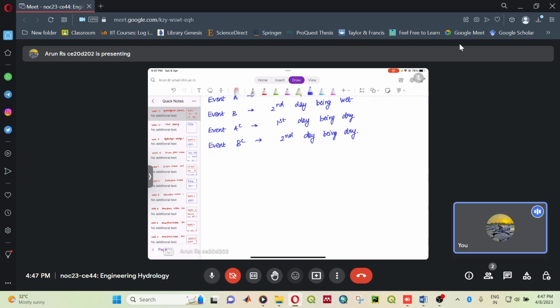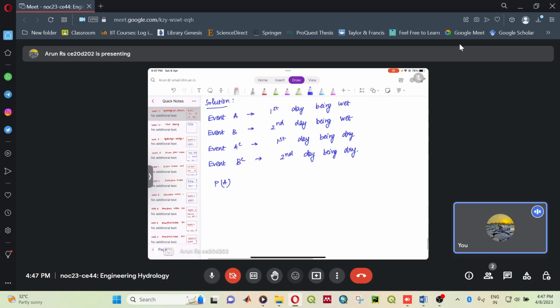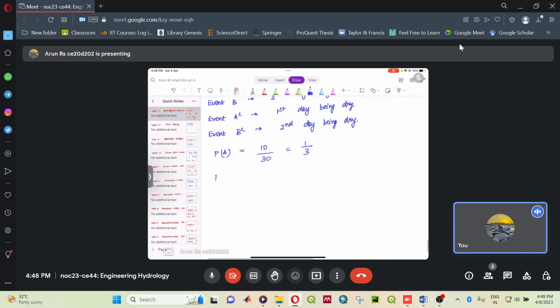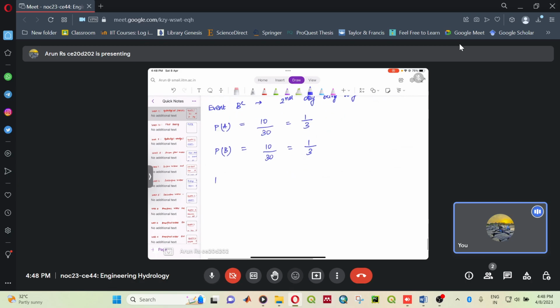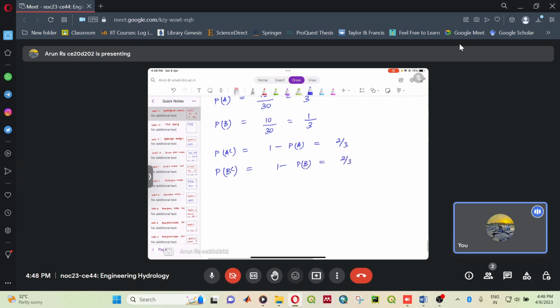Let us find the probability of A. Probability of A is the first day being wet. There are a total of 10 rainy days, and the total number of days is 30. So that is 1 by 3. Probability of B is also similar, 1 by 3. The probability of A complement is 1 minus probability of A, which is 2 by 3. And probability of B complement is 1 minus probability of B, that is also 2 by 3.